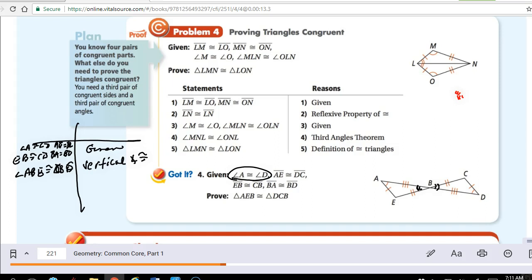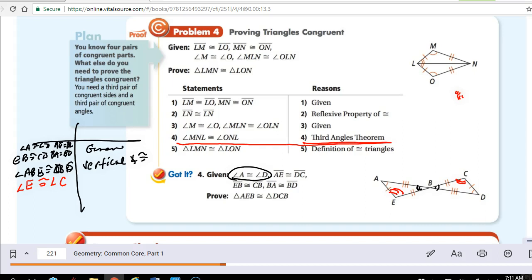Now, if angle A here is congruent to angle D, and angle B and angle B are congruent on the other one, then that leaves the third one, which is this one right here. This third one I'll make triple tick marks. They are congruent to each other, and you can just call this one angle E is congruent to angle C, because of the same reason as before.